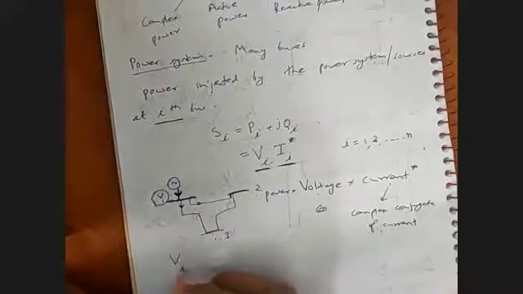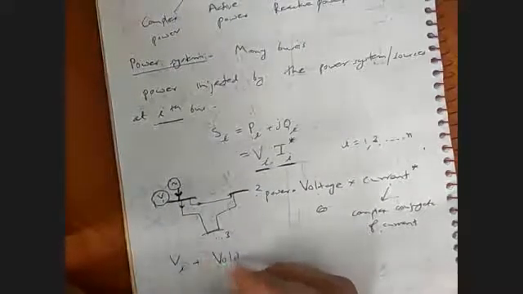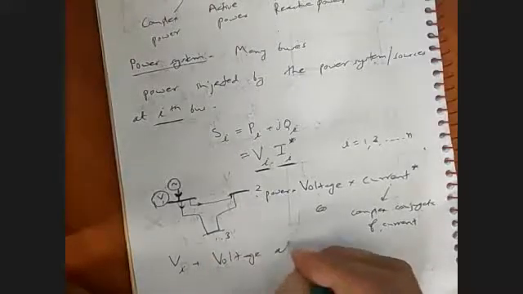So Vi, voltage at ith bus, and Ii is source current injected at bus i.